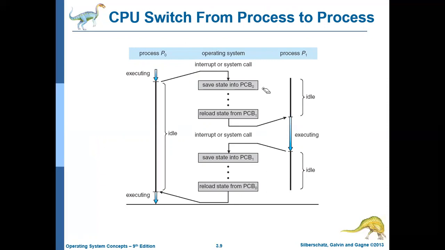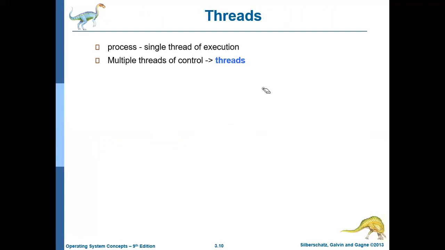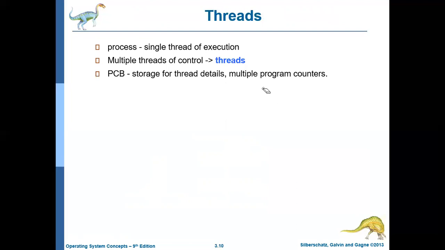And if multi-threading features are to be included, then the PCB should also support that. The PCB should provide details of threads and include details of multiple program counters. Okay, we'll stop with this.